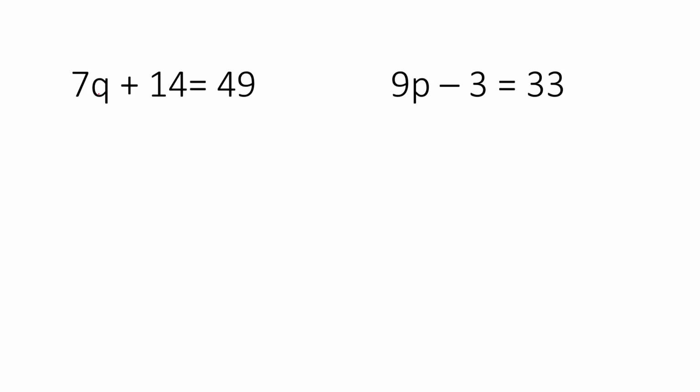So now I'm using different letters so that you get used to it. You can use any letters from A to Z. In this case, I have used Q and P. So again, the inverse of plus is minus. So we'll do minus 14 on both sides.